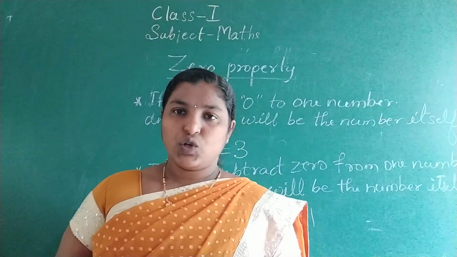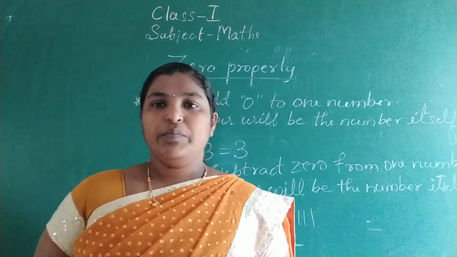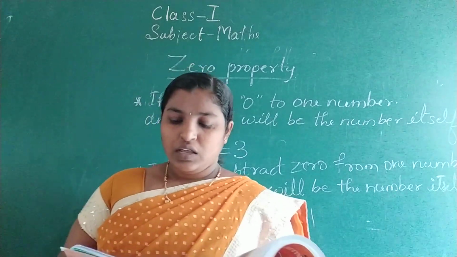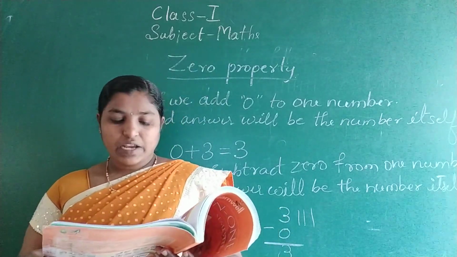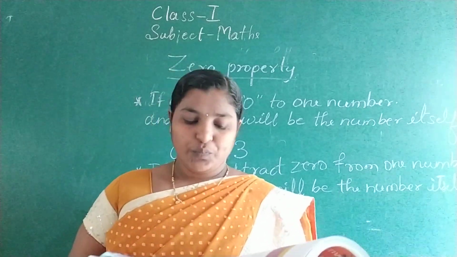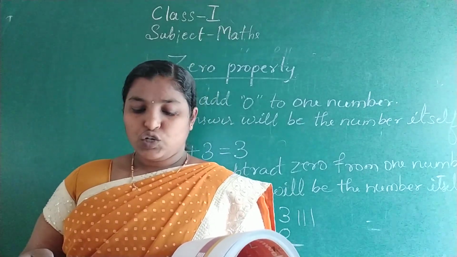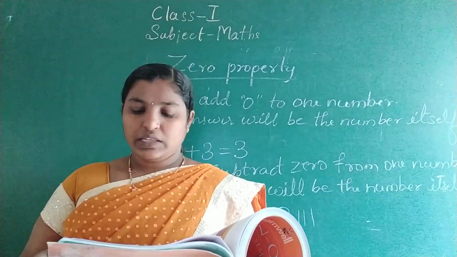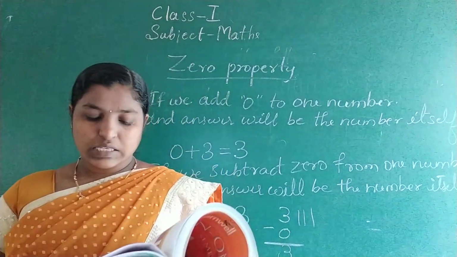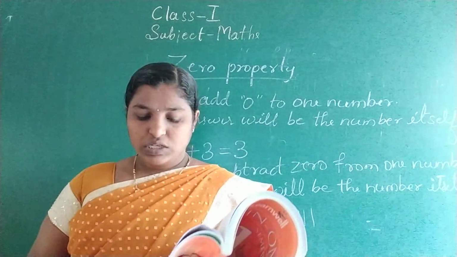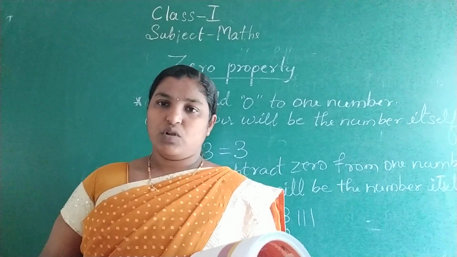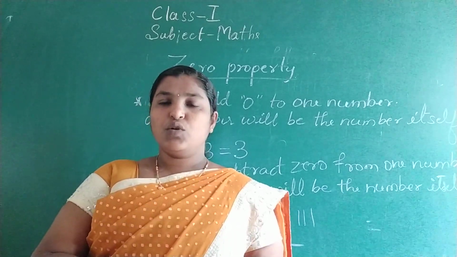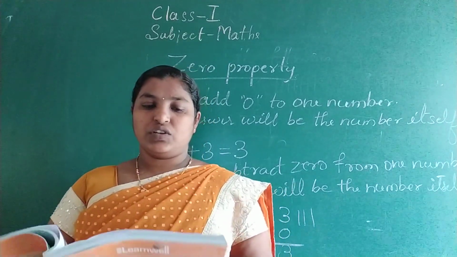Similarly, 5 plus 0 is equal to 5. 3 plus 0 is equal to 3. 7 plus 0 is equal to 7. Subtraction property of 0: when we subtract 0 from a number, we get the same number as the answer. 6 balls minus 0 balls is equal to 6 balls. This is the 0 property of subtraction.